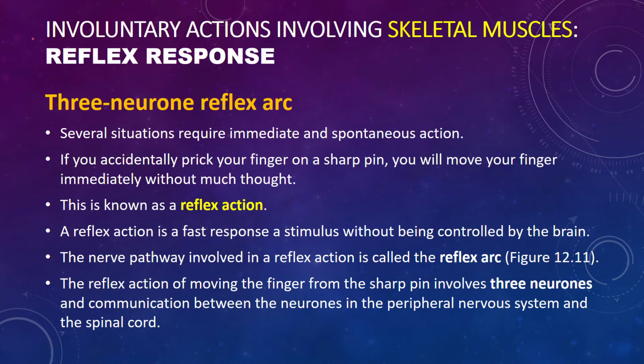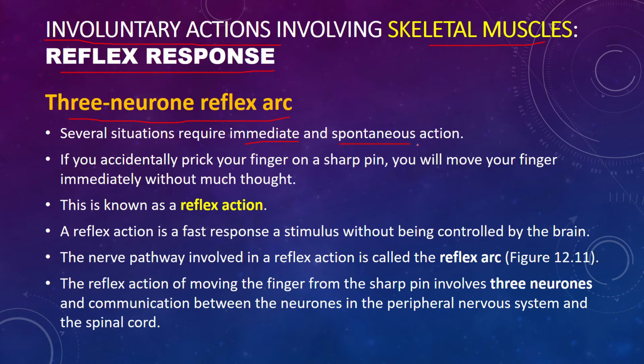Okay, we also have involuntary actions which involve the skeletal muscles, and we call it the reflex response. This involves the three-neuron reflex arc. Several situations require immediate and spontaneous action.